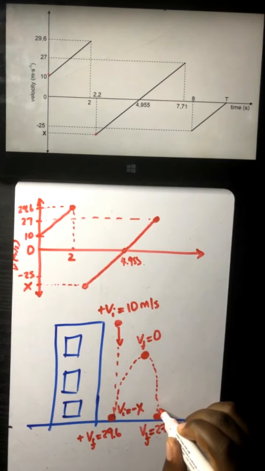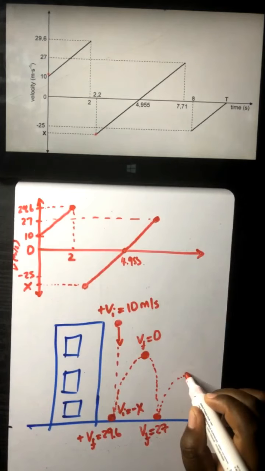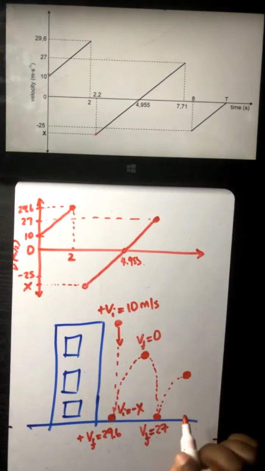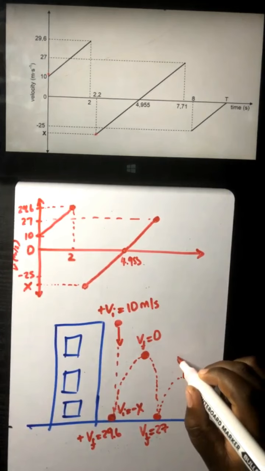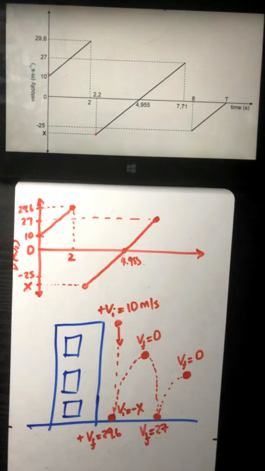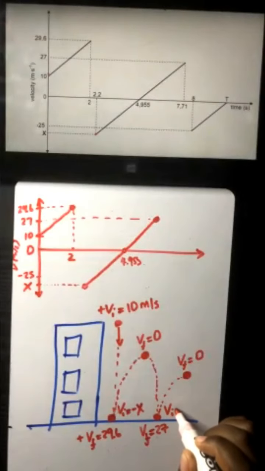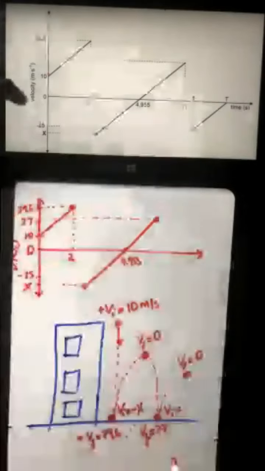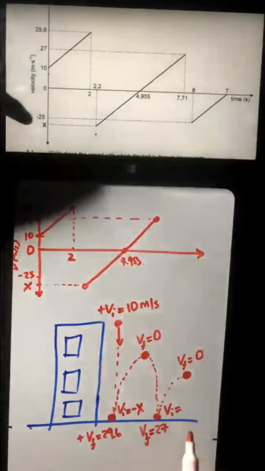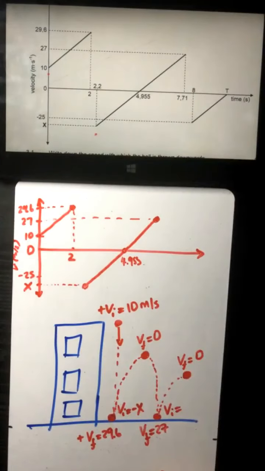It obviously bounces back up until it reaches its maximum height, where we obviously know its V final is equal to 0. But now, what is its initial velocity? The initial velocity is equal to, obviously, that negative 25.